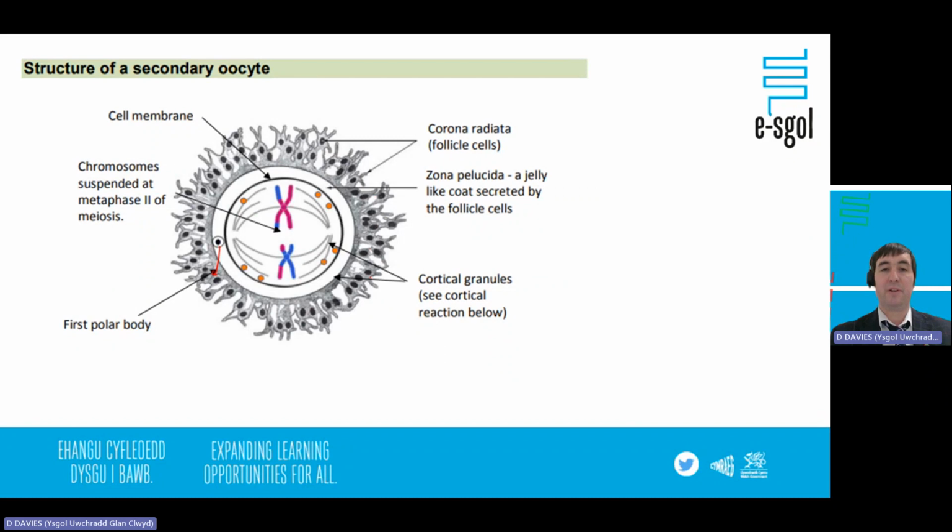This is the remnants of the secondary follicle, like I said, remnants of the Graafian follicle. So the Graafian follicle ovulates this. This is your secondary oocyte, with some remnants of the follicle cells around it.